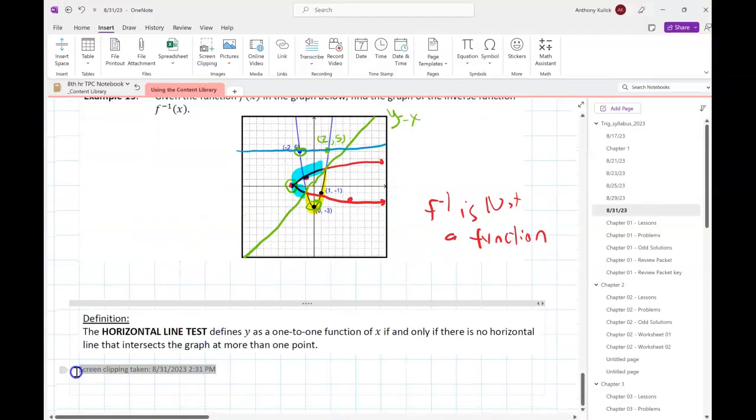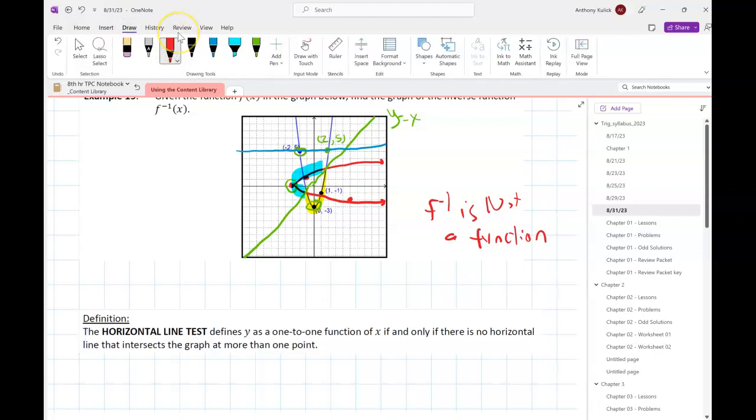So we say the horizontal line test defines y as a 1-to-1 function of x if and only if there is no horizontal line that intersects the graph at more than one point.